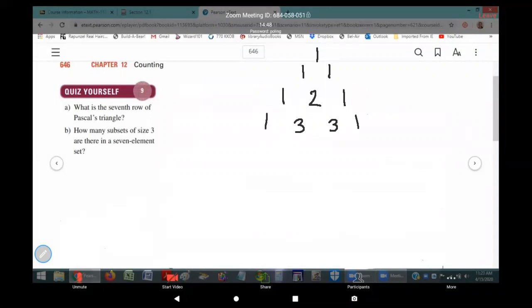So now that you have a little hang of it, let's just try to fill some out. So we have a 1. 1 plus 3 is 4. 3 plus 3 is 6. 3 plus 1 is 4. And we end with a 1. It's starting to form a triangle, right? The number of the row is actually the first non-1 digit. So right now we're doing row 6.